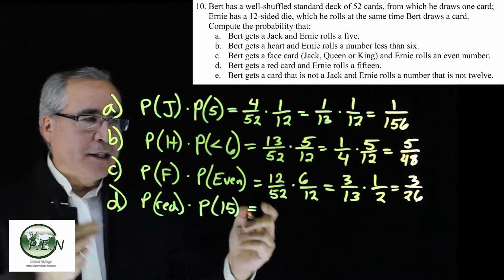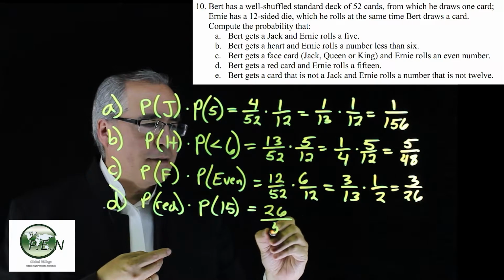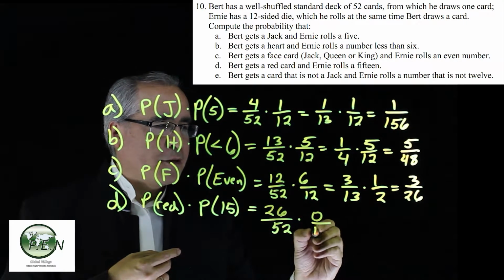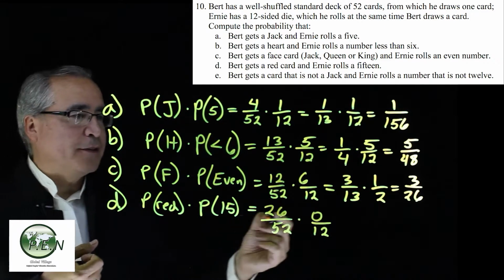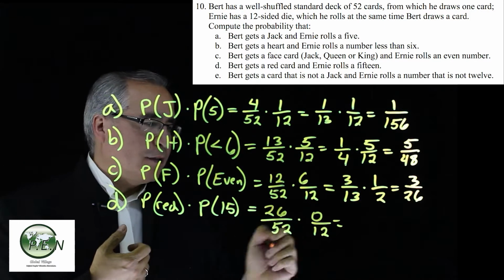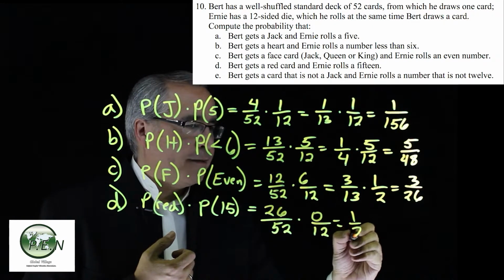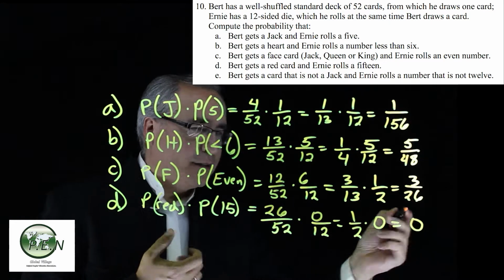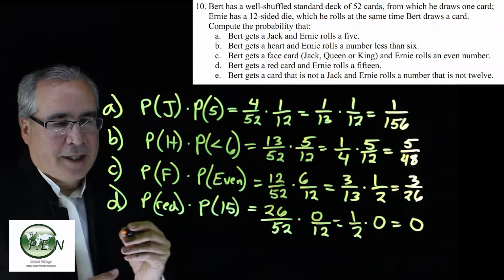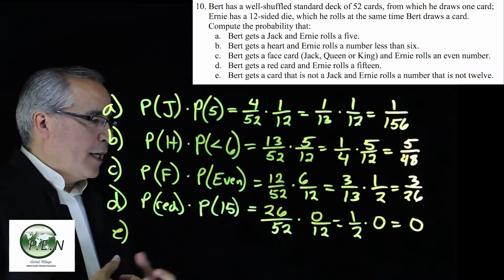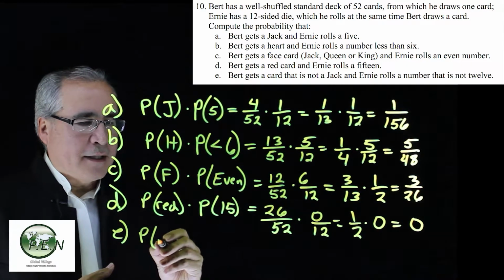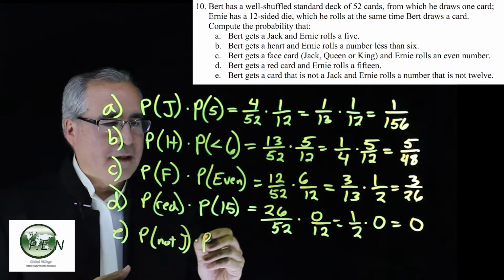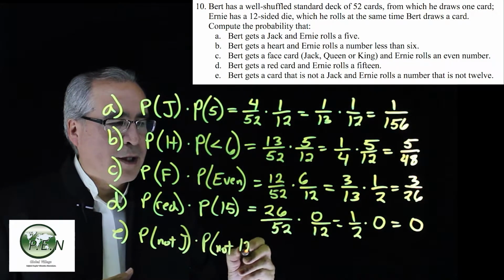So 13 and 13, that's 26 out of 52. There are 0 15s on a 12-sided die, 0 out of 12, that's where we get that. 26 out of 52 reduces down to 1/2. 0 out of 12 reduces down to 0. And 1/2 times 0 is 0.